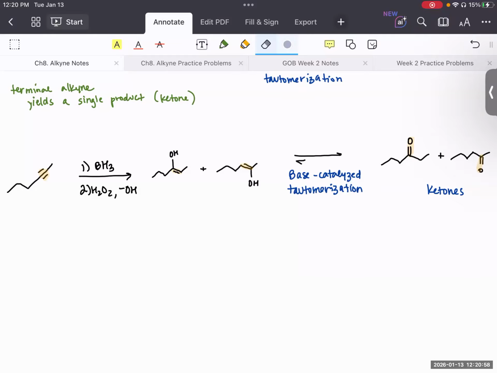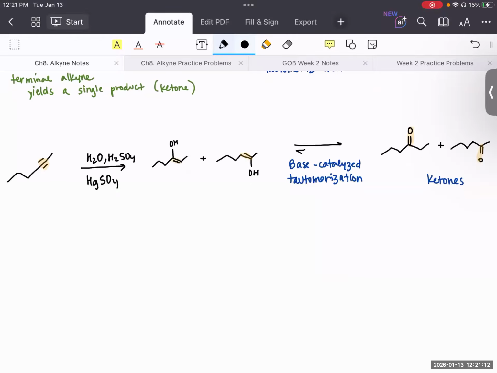So I'm going to substitute out the reagent to H2O in the presence of sulfuric acid and the mercury-based reagent. And in that first step, we're going to get the exact same intermediates that we got from the hydroboration oxidation. And then instead of base-catalyzed tautomerization, we're going to have acid-catalyzed tautomerization, and we're going to get the exact same products that we did with the hydroboration oxidation.